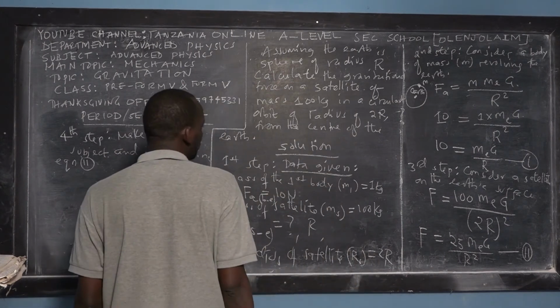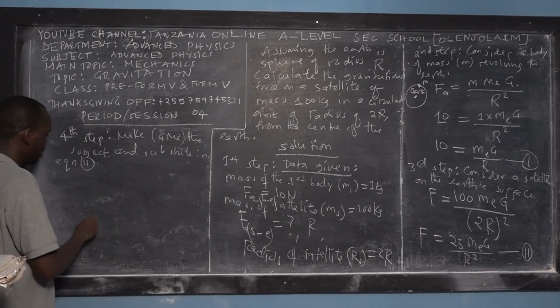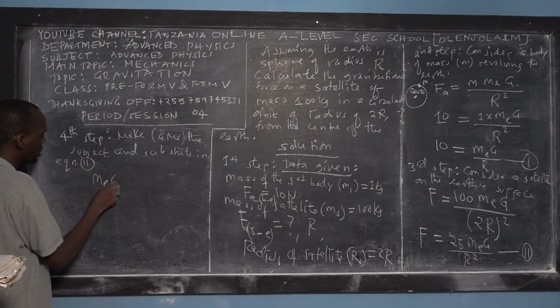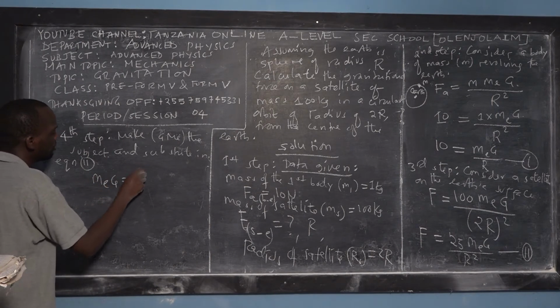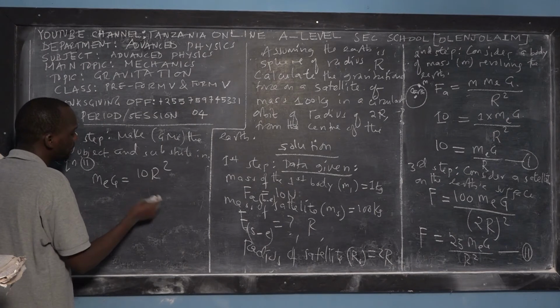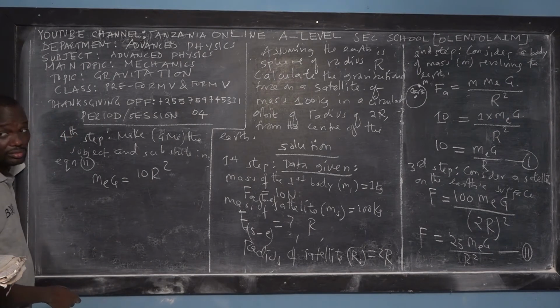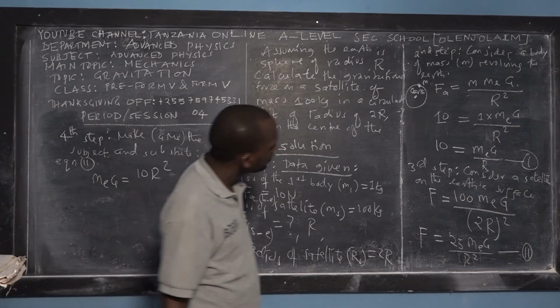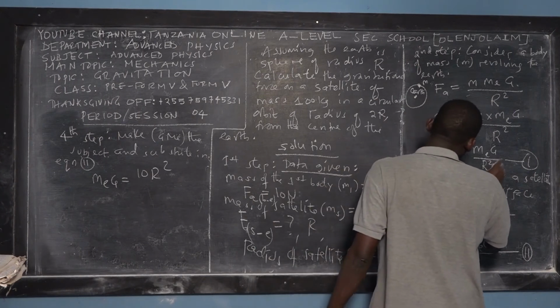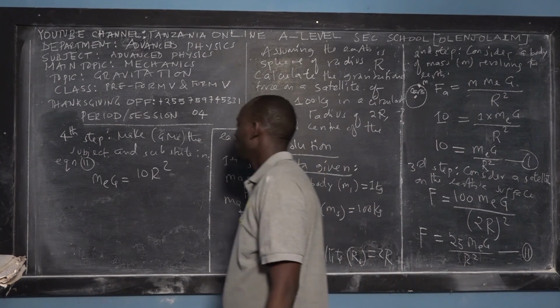So if you make it the subject, you'll find that the mass of the S, gravitational constant, is equal to 10 radius of the S squared. This is radius squared, excuse me, write it in.